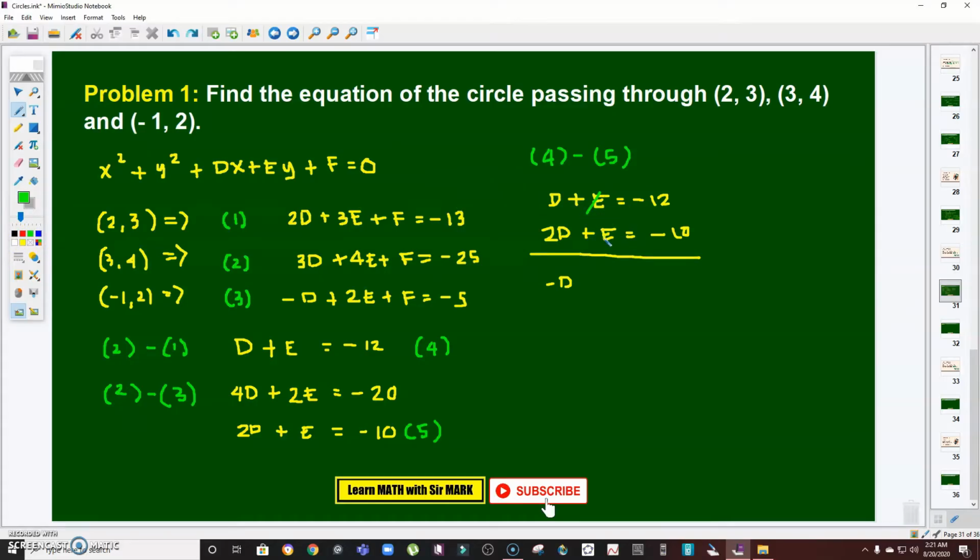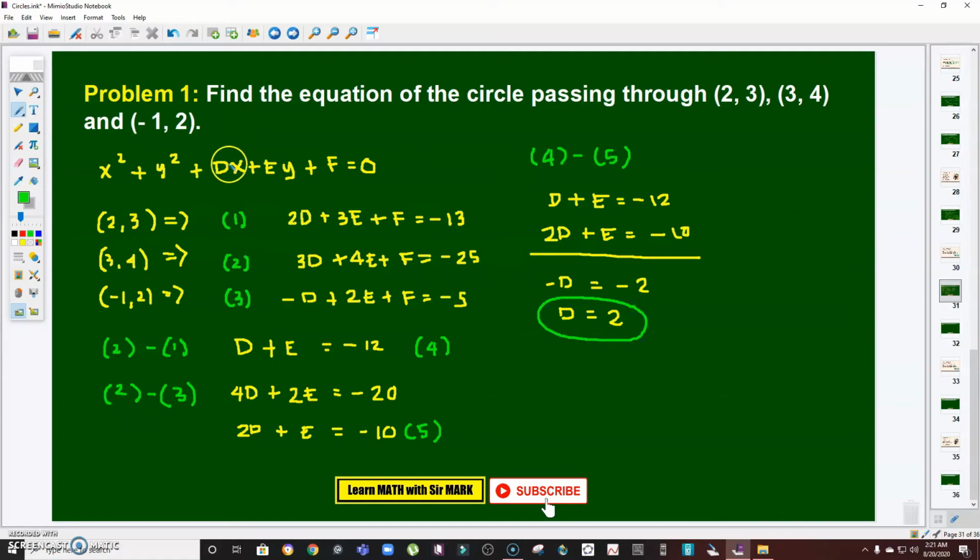Equals negative 12 minus negative 10. So, that will be negative 2. See that? Again, d minus 2d is negative d. Cancel tong e. Negative 12 minus negative 10 is negative 2. So, clearly, the value of d here is positive 2. See that? Okay. So, meron na akong value ng d.